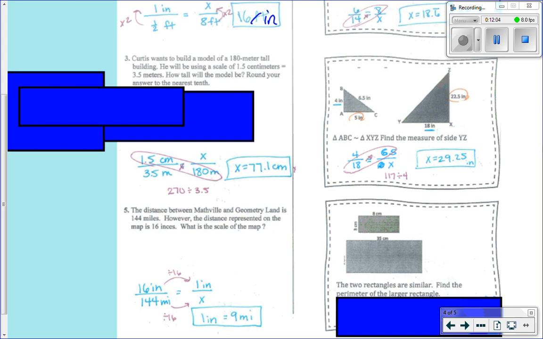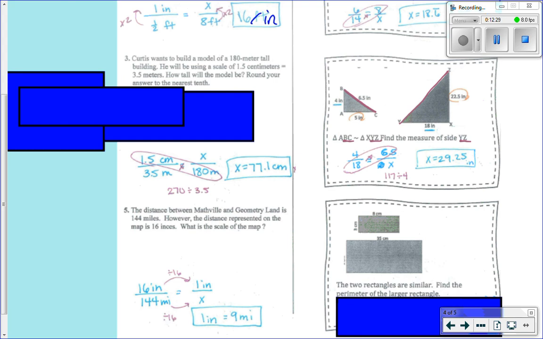So we have triangle ABC is similar to triangle XYZ. Find the measure of side YZ. Where's YZ? Right here. So YZ corresponds to BC. Okay. So we have 6.5 represents X. Okay.